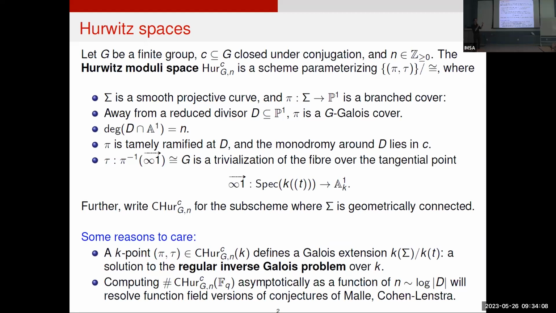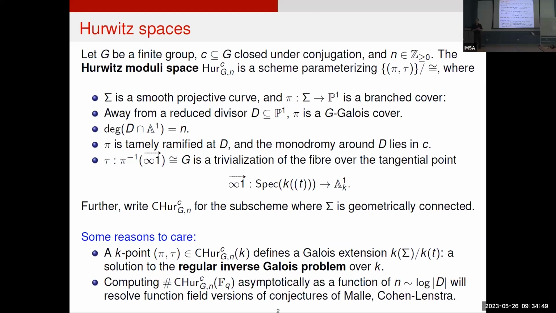If I take a K point of this scheme, it defines the function field of the curve that comes from it, and defines a G-Galois extension of the base field K(t), and that it's also regular. So the algebraic closure of K inside of here is just K. And so this is a solution to the regular inverse Galois problem.